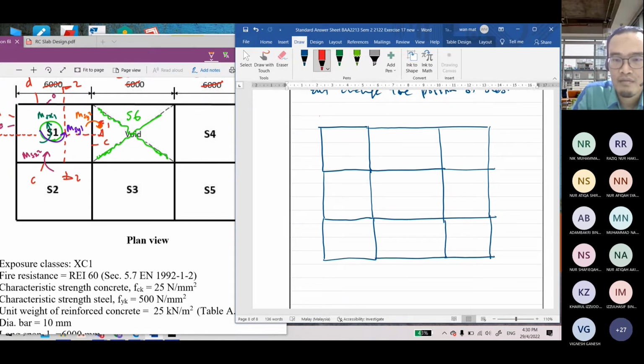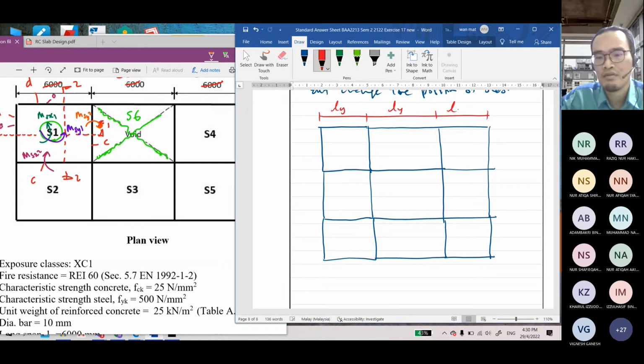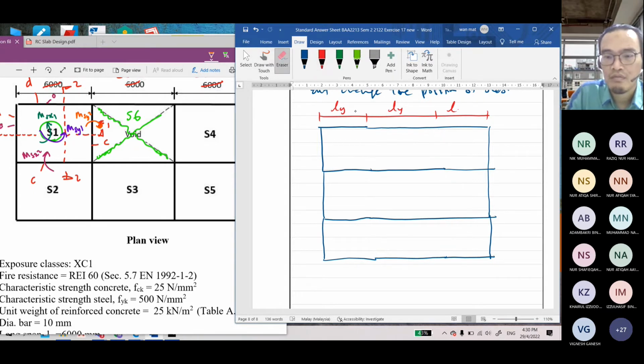Similar lah, saya rasa similar je kot. So this is ly. Sorry, I not draw it according to scale. Sorry, I have to redraw. Better redraw. Malu je.